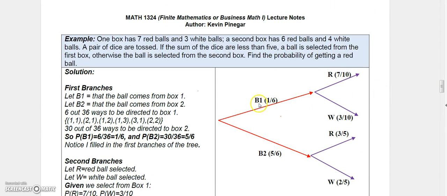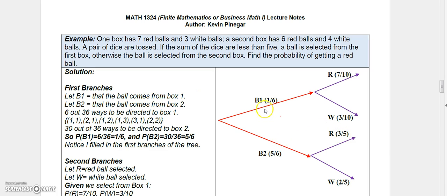In the numerator, I just multiplied the two branches that go from B1 to R, and in the denominator, I multiplied all paths that go to R, 1/6 times 7/10 and 5/6 times 3/5, and added them together.